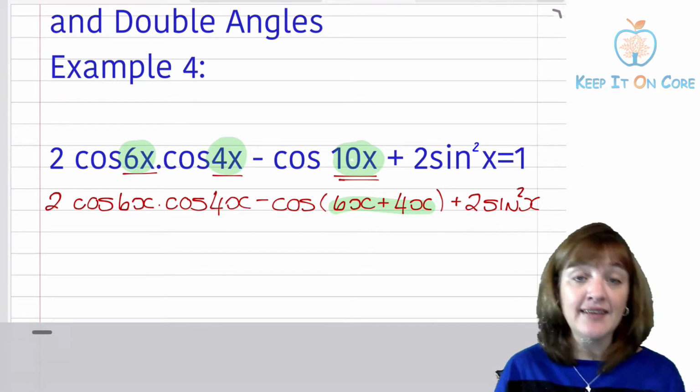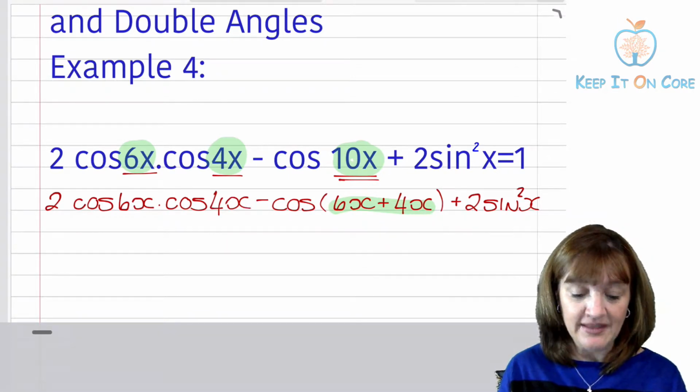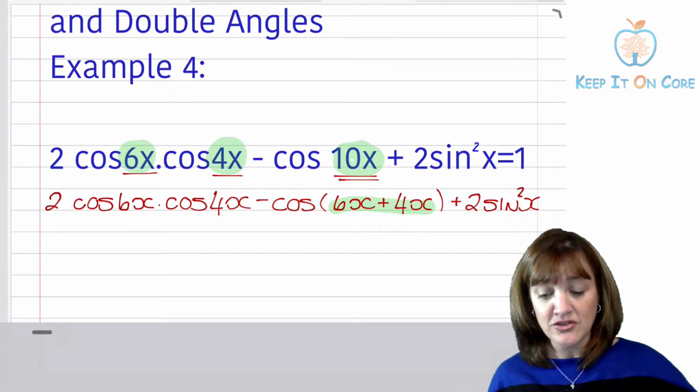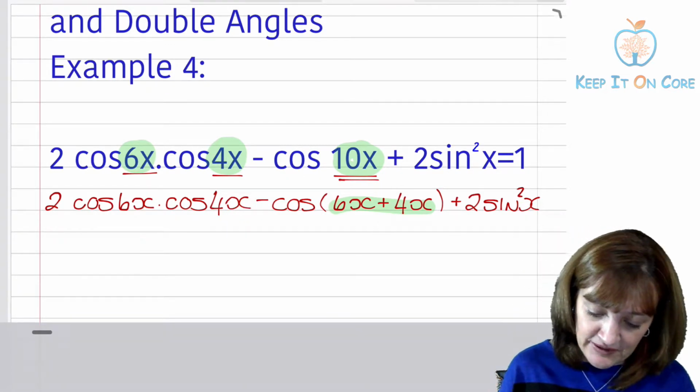So we've now created a double angle identity over there, and I think the best thing to do with that now is to stretch it out. So let's see if we can do that.